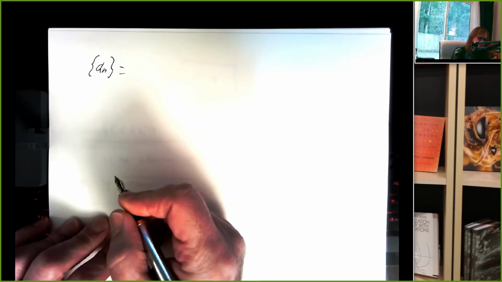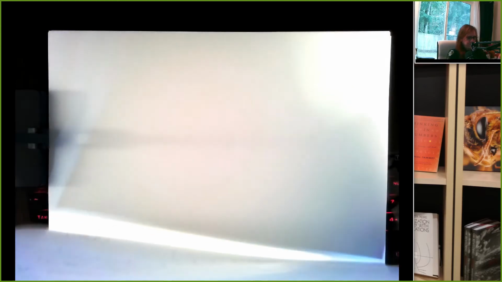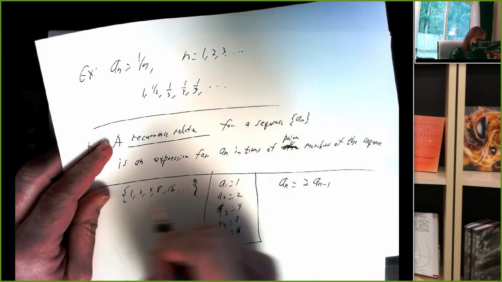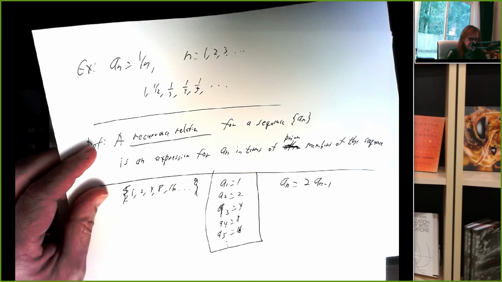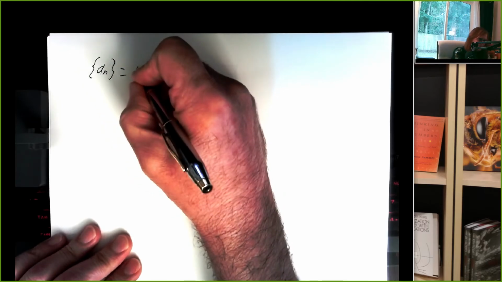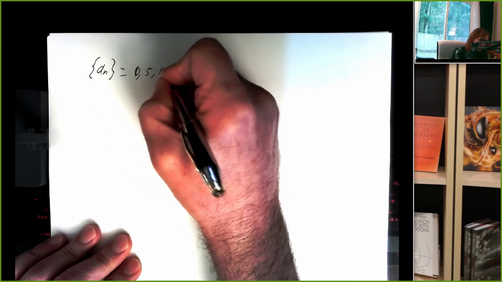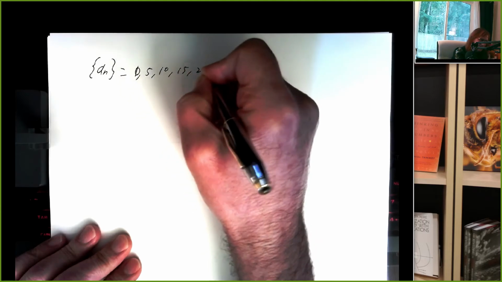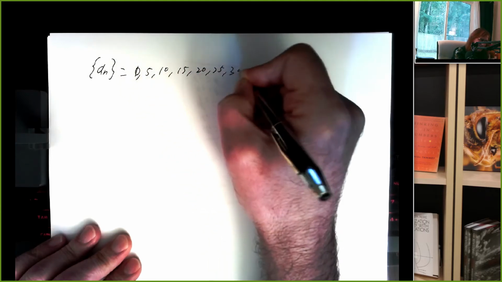Suppose we have a sequence which looks like this. I should not have put these inside curly brackets, by the way. So suppose we have another sequence which looks like this: 0, 5, 10, 15, 20, 25, 30.